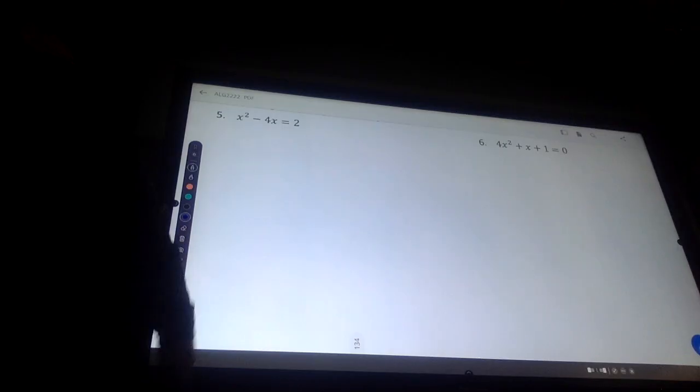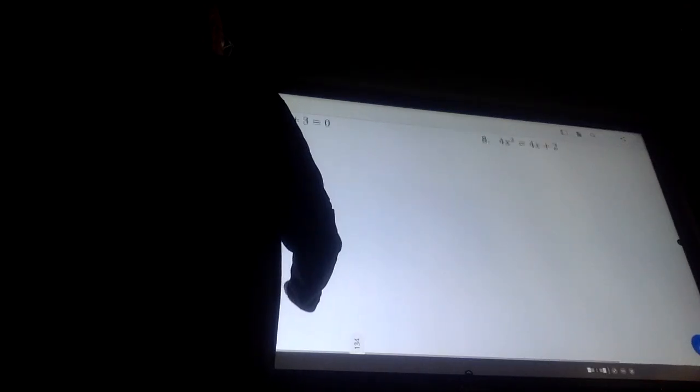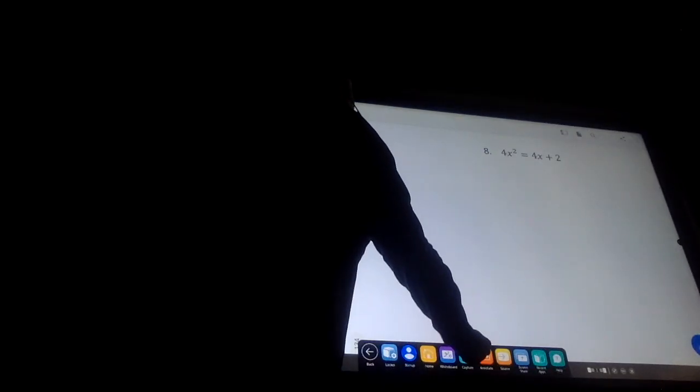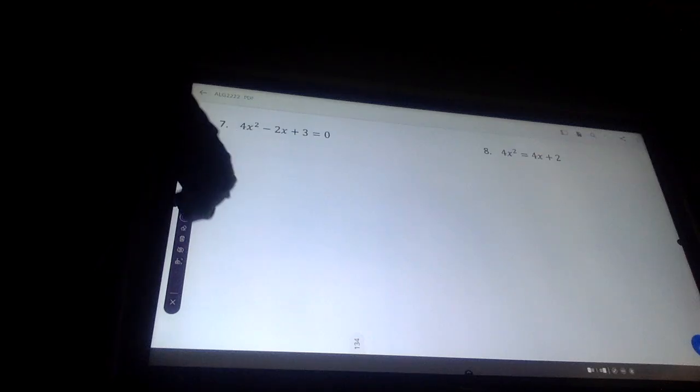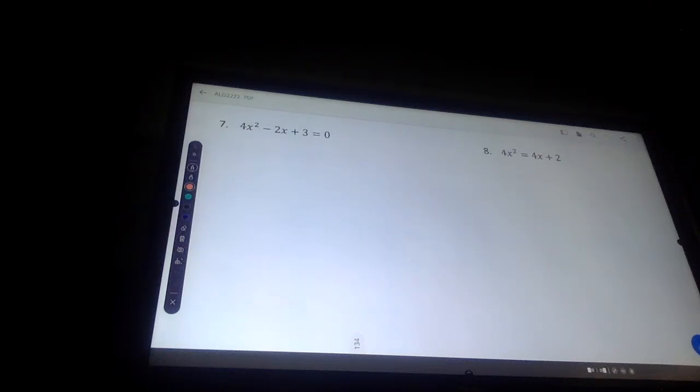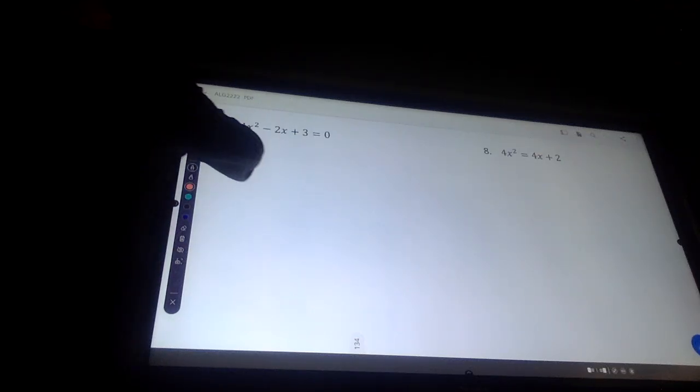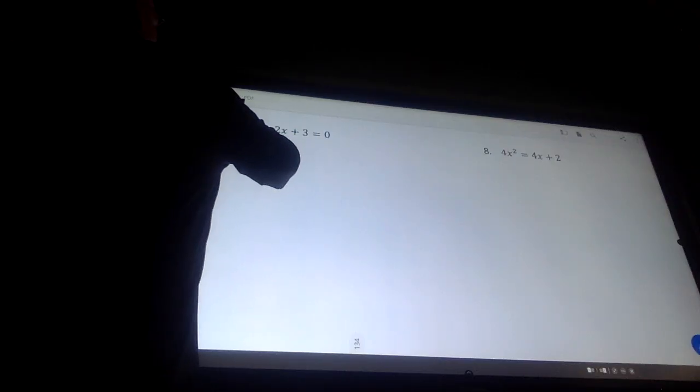All right, clear. Get rid of that. All right, ready? All right, let's make our space first. So 4x squared minus 2x, subtract 3.